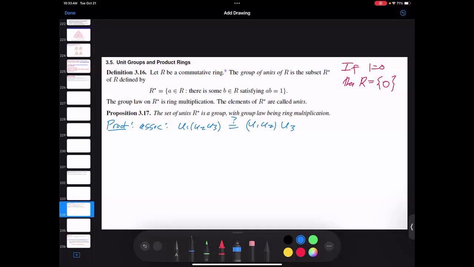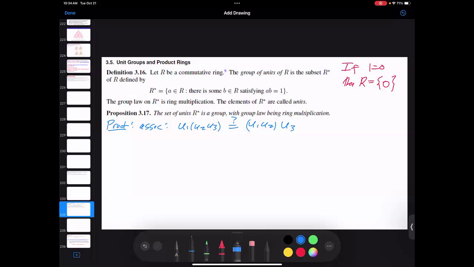So the proof is something we've seen many times. Why is that true? What do we know about R?